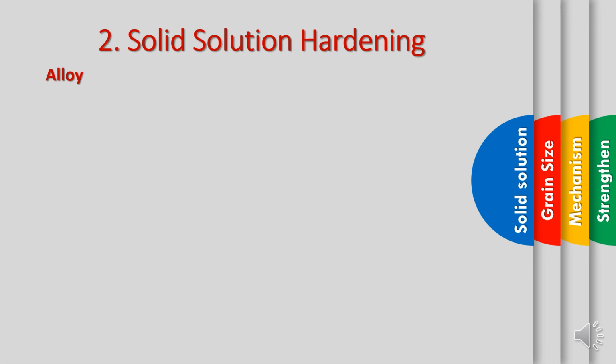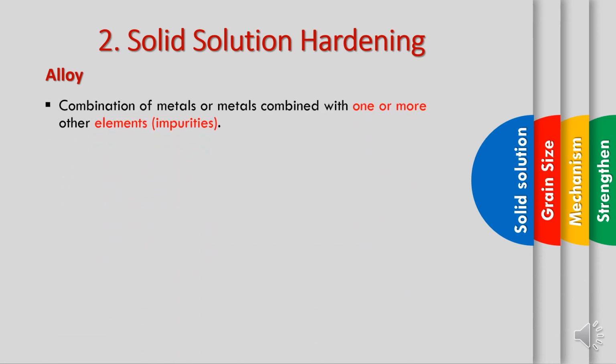Before we go through, we need to understand a little bit of information related to alloys. An alloy is basically a combination of metals, or metals combined with one or more other elements. The other element we will call impurities.